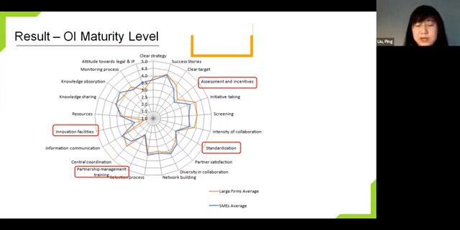It's very low here. And for large firms, on average, they have a low score for attitude towards legal and intellectual properties.